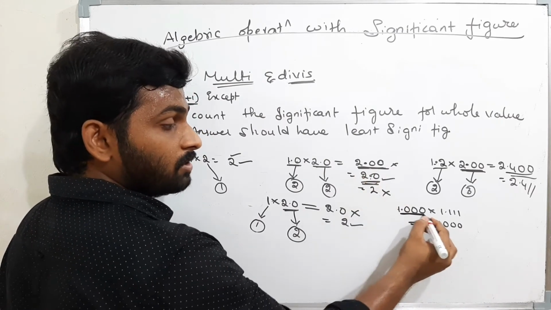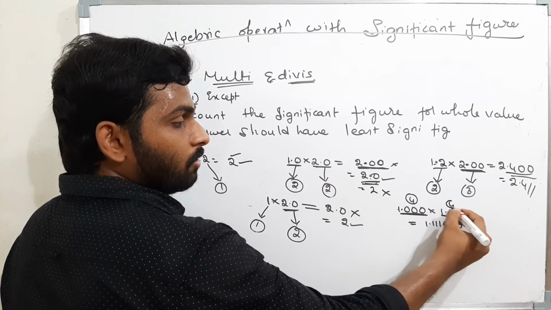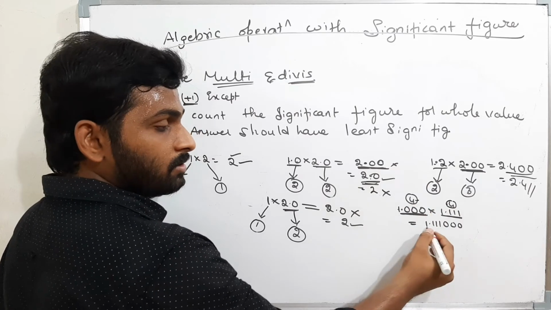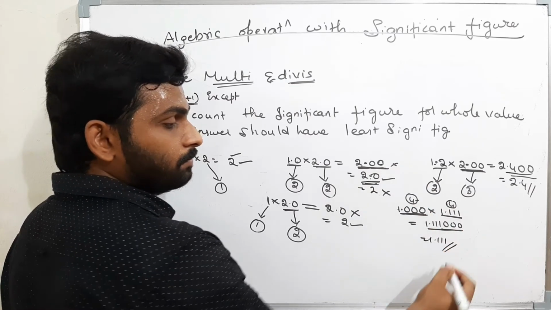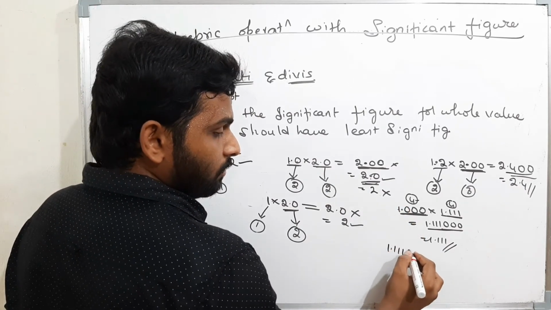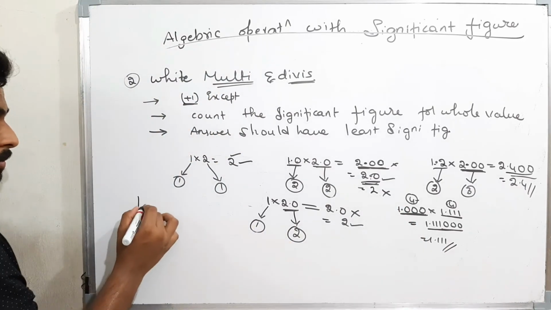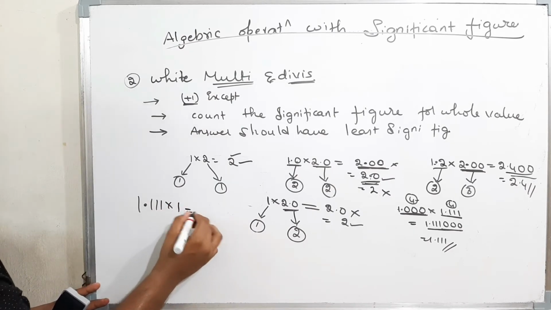How many significant figures are there? 4. Here how many significant figures are there? 4. The least is 4. The answer should also have only 4 significant figures. That is 1.111. If this is the answer, 1.111 into 1. What is the answer for this?